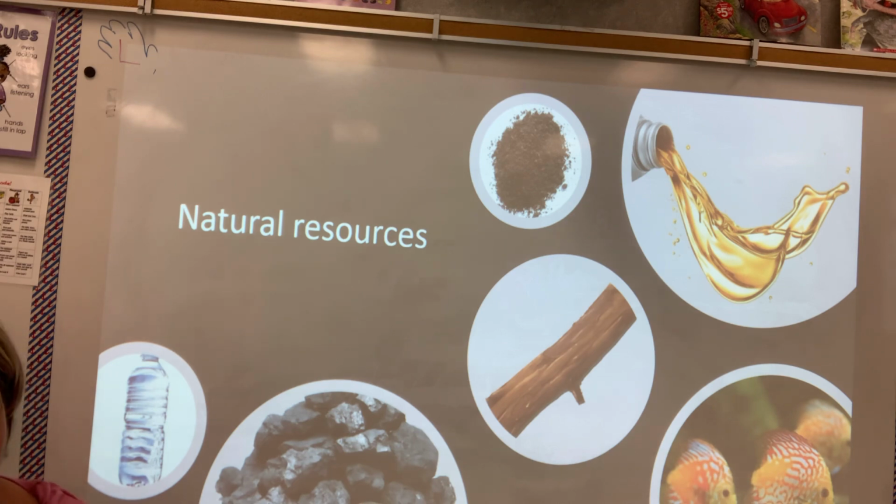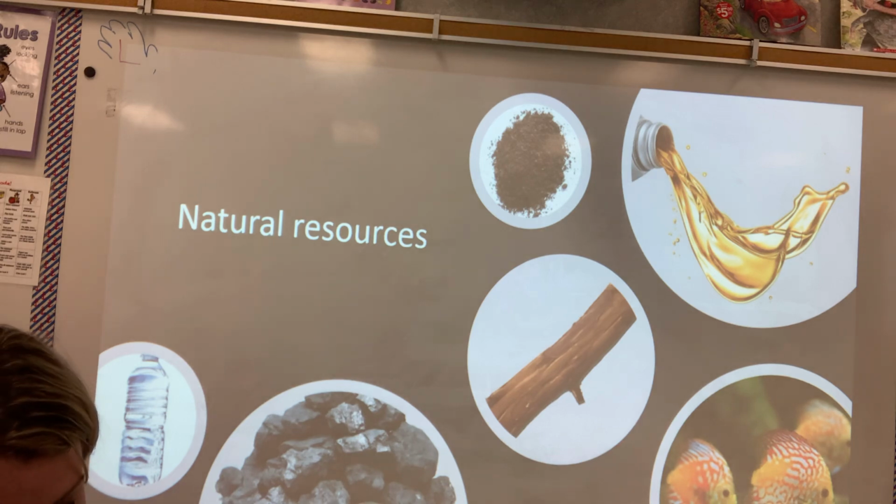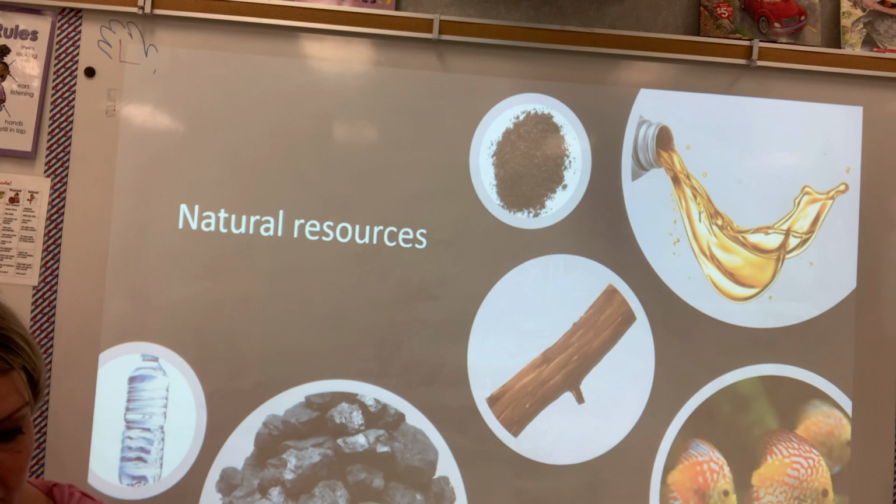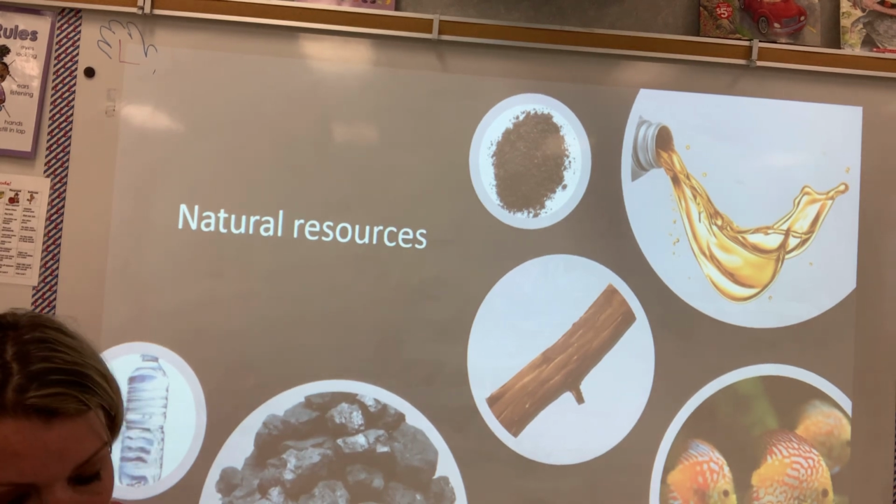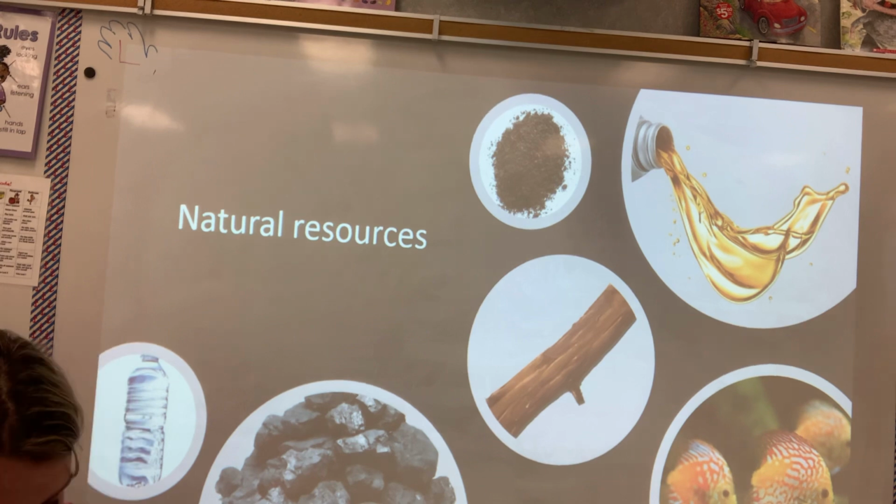So natural resources are things that come from the Earth, from the Earth's land, water, or air. And it's very important and useful for people. Natural resources are not man-made or made by people.